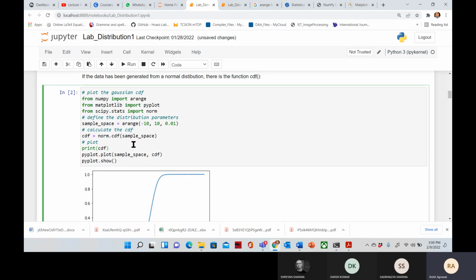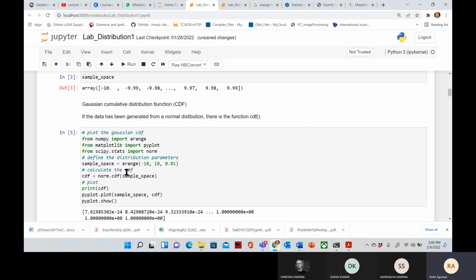Any guess? From 0 to 1. Yes sir, yes, because it is cumulative. So that means it will end up at 1. Okay, so let's see here.